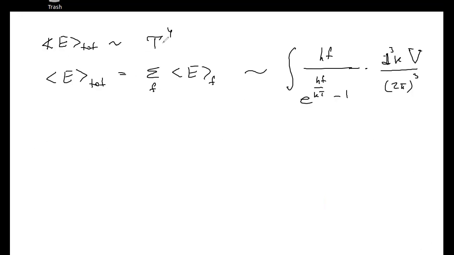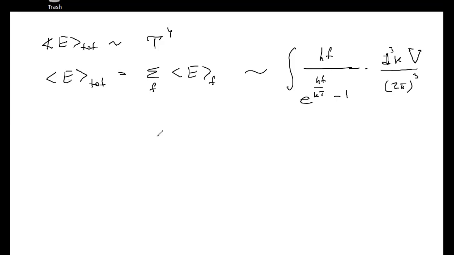How can you get temperature power 4? Because of this integration. If I integrate over volume, okay, I don't want to integrate over volume, I want to divide by volume.